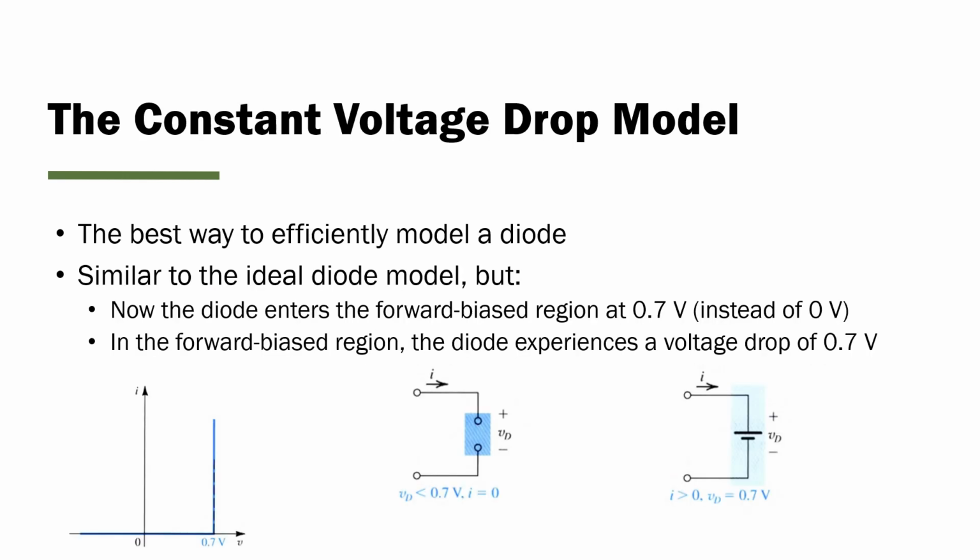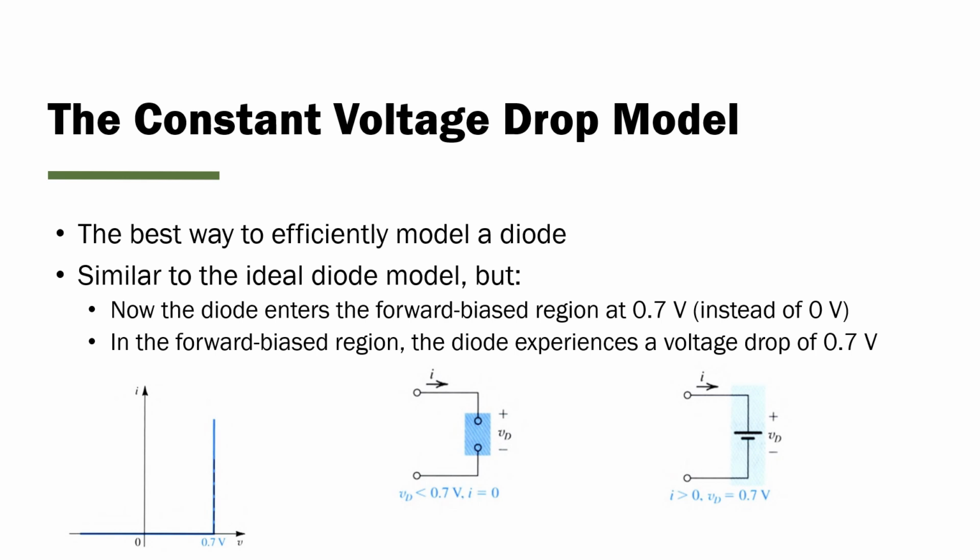So this is where we develop the constant voltage drop model, and it is the best way to efficiently model a diode without making things too complicated. It's very similar to the ideal diode model, but we're going to change two things. So now, instead of entering the forward biased region at 0 volts, it's going to happen at 0.7 volts.